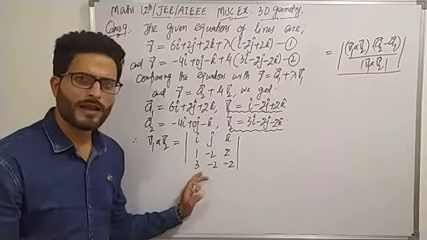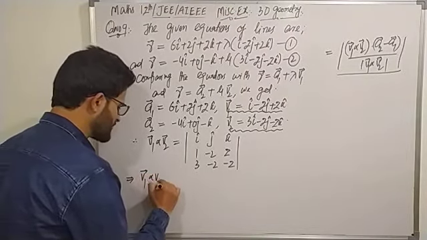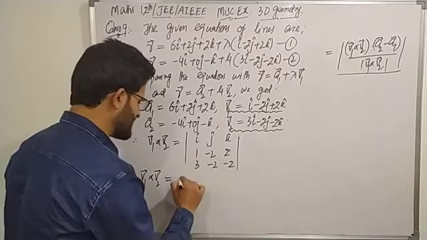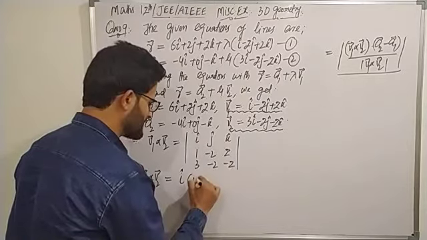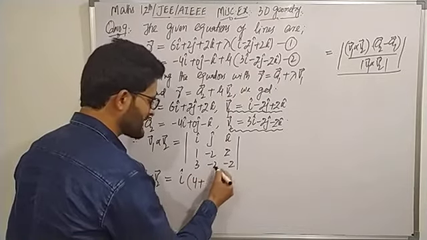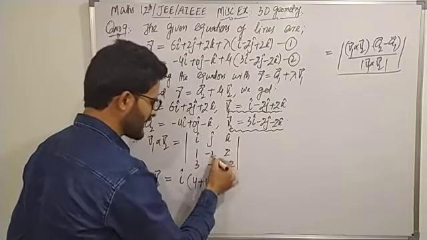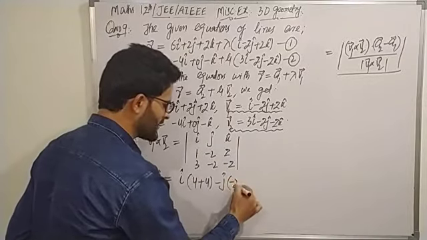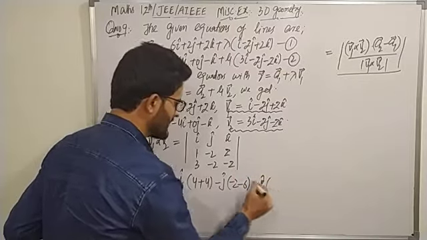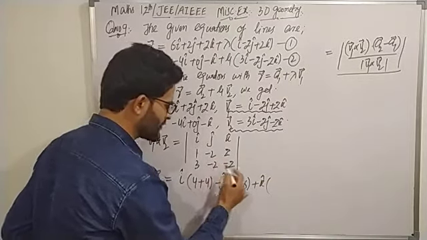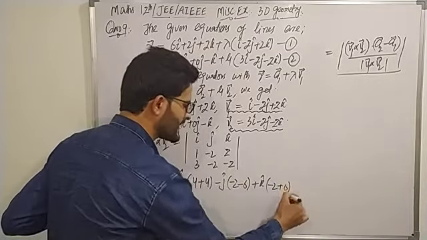Expand the determinant by Laplace expansion. So v1 cross v2 is equal to i times (minus 2 into minus 2, that is plus 4, minus into minus is plus, 2 twos are again 4), minus j times (1 into minus 2, that is minus 2, minus 3 twos, that is minus 6), plus k times (1 into minus 2, that is minus 2, and minus into minus is plus, 3 twos are 6).